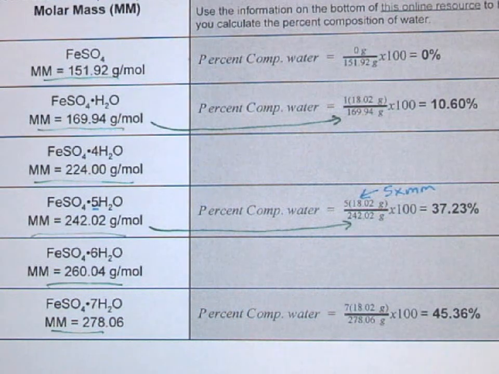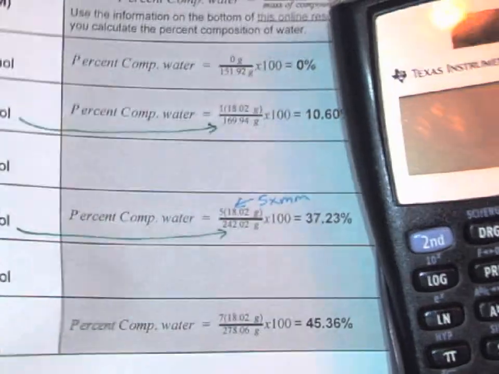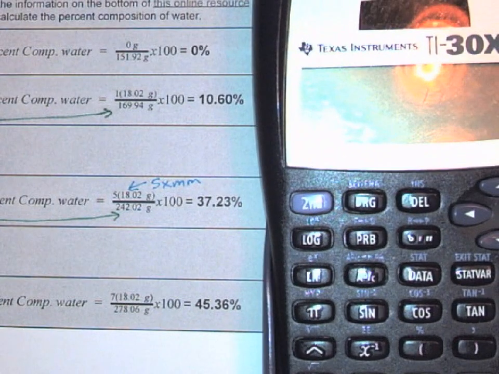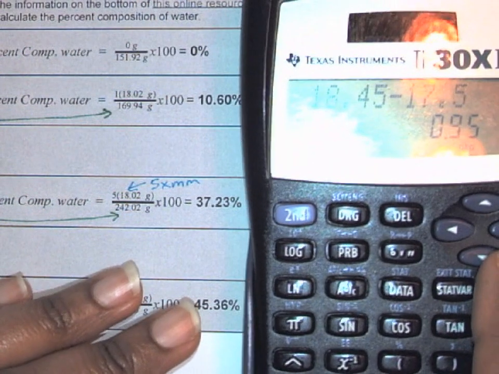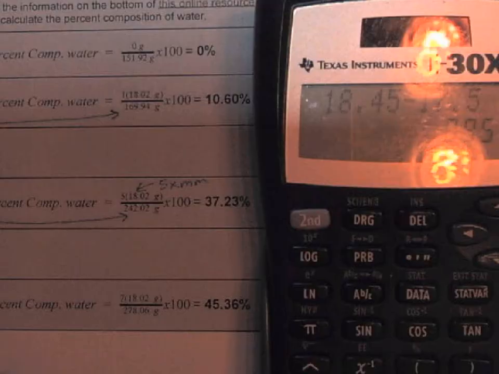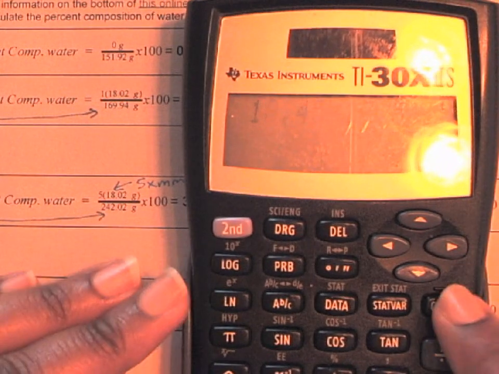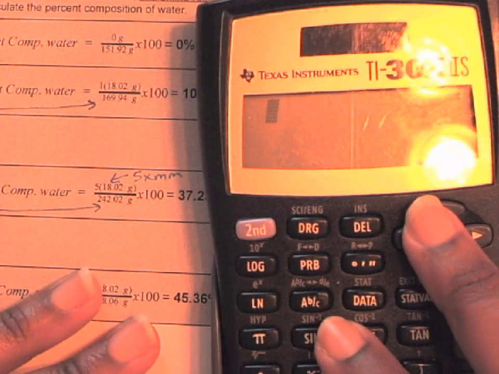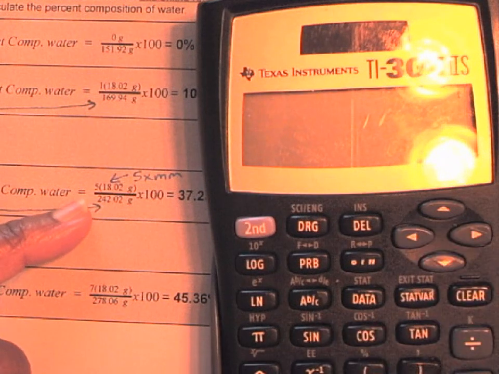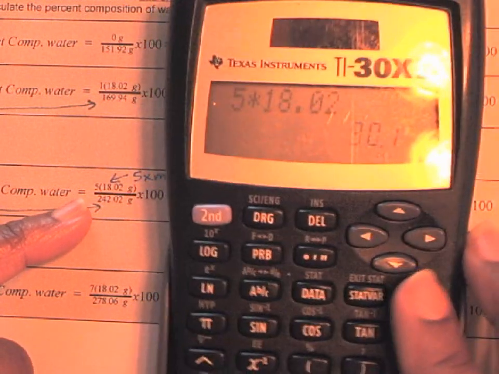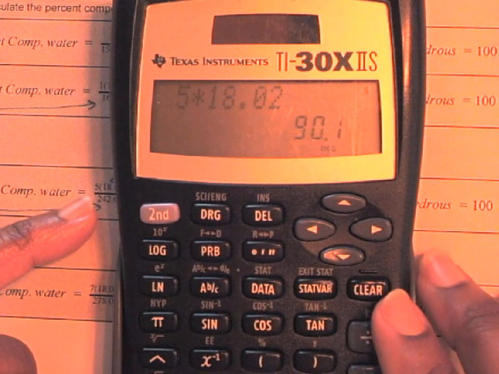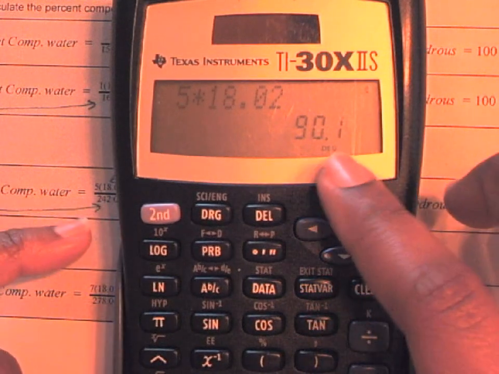So in terms of what that looks like in your calculator, I'll actually calculate this one for us so that you can see what we're doing in the calculator. So that part's clear. All right, the first thing we need to do in our calculations, we would do the 5 times the 18.02 and hit enter, and you get some number. I got 90.1.